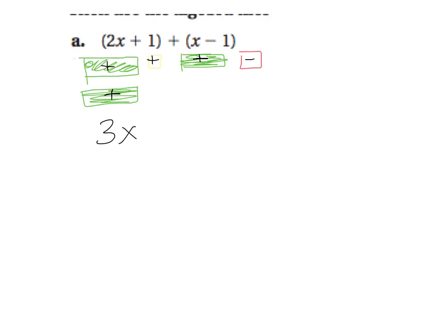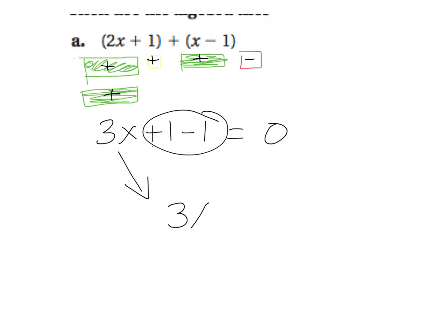And I know that if I have a positive 1 and a minus 1, that is a 0 pair. And we could see right here, plus 1 and minus 1 equals 0. So my simplified expression is simply 3x.